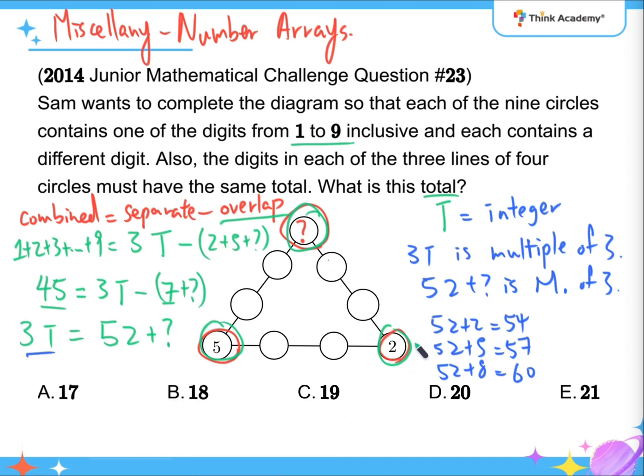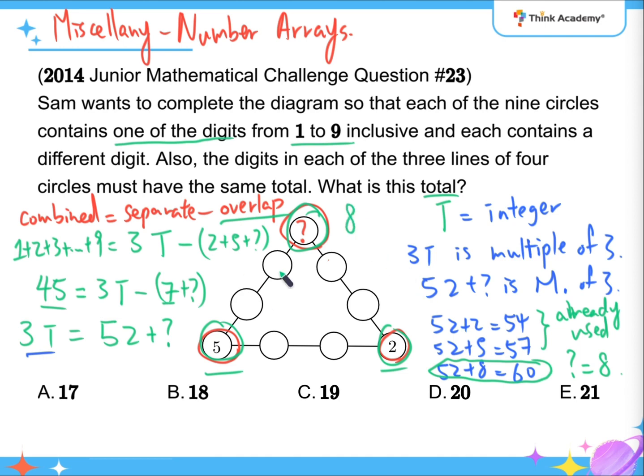But then we can see that 2 and 5 are already used in this question. We are using 1 of the digits from 1 to 9 each, right? Once each. So, if 2 and 5 are already used, it means that the only possibility is the question mark equals 8.